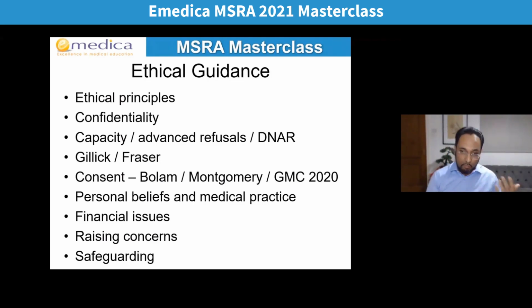You need to understand that Bolam doesn't apply anymore, but that it applies to other things. You understand the Montgomery standard, the GMC 2020 consent guidance from 9th November 2020, how personal beliefs and medical practice could impact care, financial issues, raising concerns, safeguarding for children and adults. All of this is important because it can be relevant to some questions.